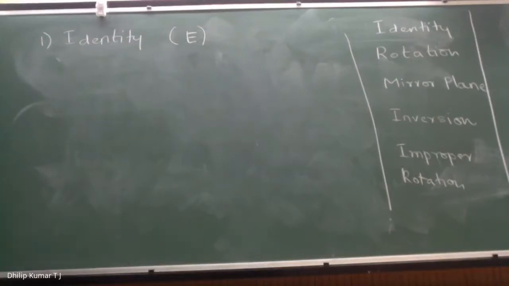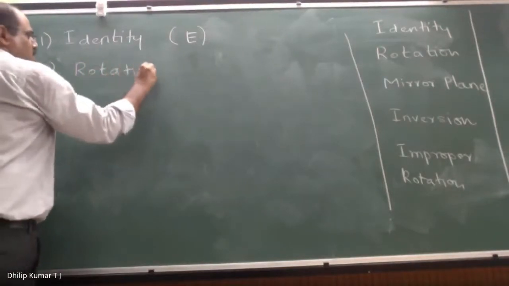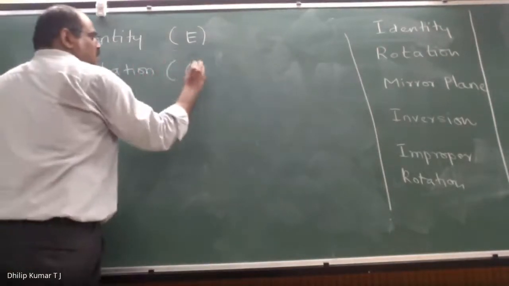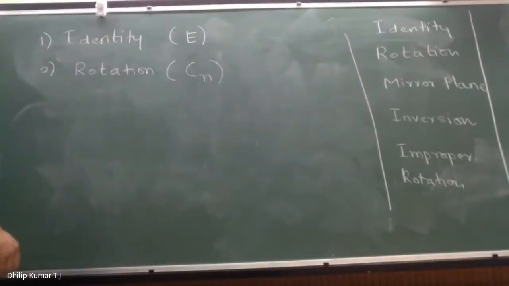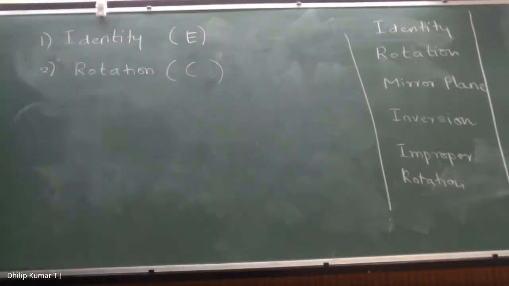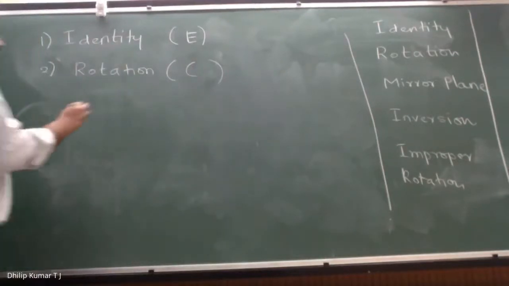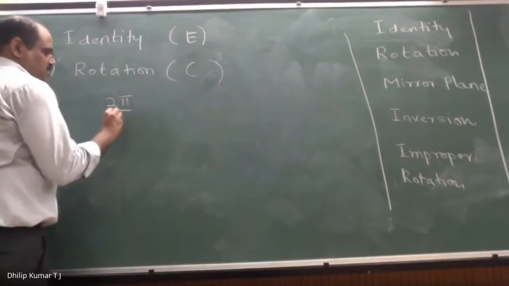Second is rotation, given by the symbol C. Generally, it's given by the symbol C with a subscript. I would say just give it a C1. C symbol for rotation. So it is given in terms of 2 pi by n.